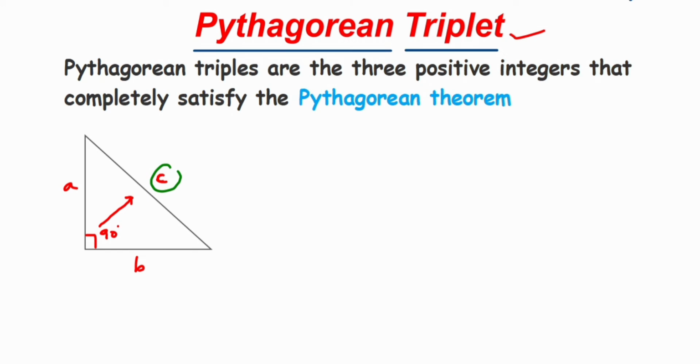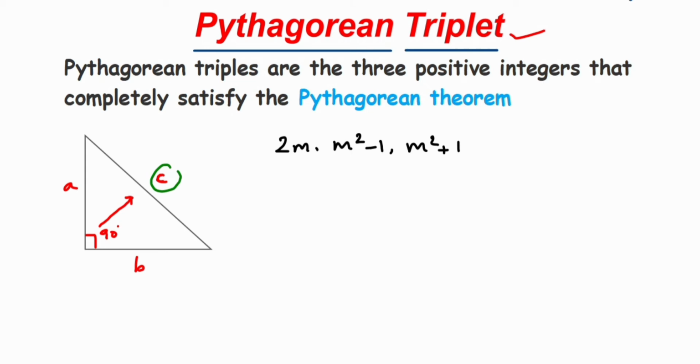So we have 2m, and m square minus 1, and one more is m square plus 1. So here 2m, m square minus 1 and m square plus 1 are nothing but the three numbers in the Pythagorean triplet.